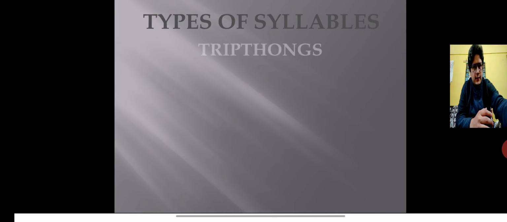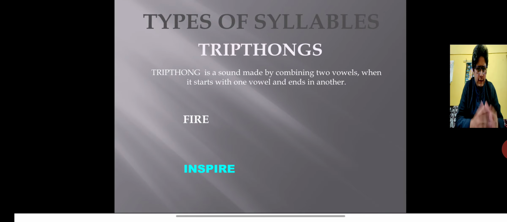Okay, the third category is triphthongs. We rarely find examples of triphthongs here, but there are a few words that still give us traces of triphthongs being used. So just like monophthongs and diphthongs, the framework of the definition is almost the same.